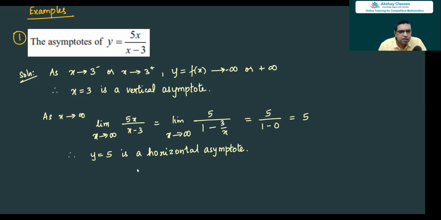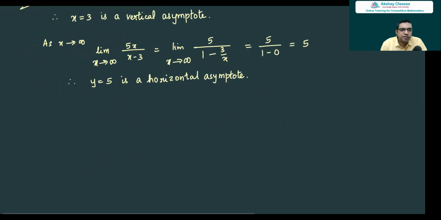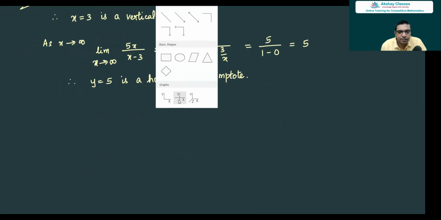Okay. So we have two asymptotes, and degree of this equation, if you multiply x with y, you will get degree 2. So maximum two asymptotes. So let us plot the curve and see how it looks.